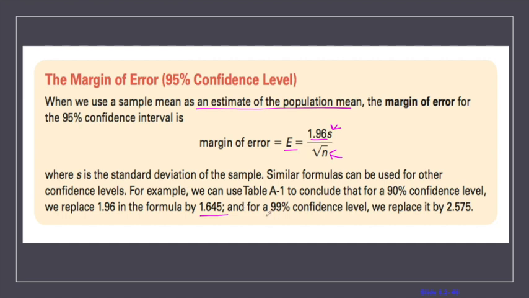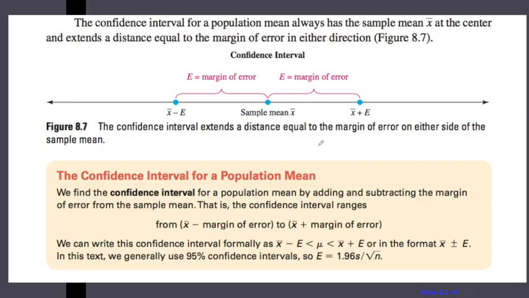And for a 99% confidence interval, we would replace that with 2.575, because that's how many standard deviations away from the mean you would be to the left and right in order to be the middle 99% of data. But we're going to focus on calculating 95% confidence intervals.